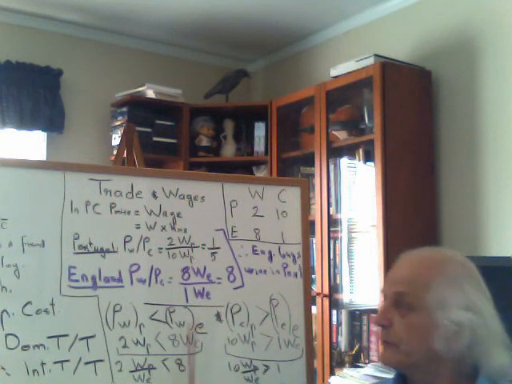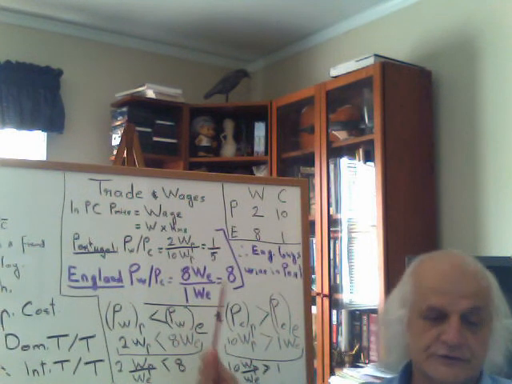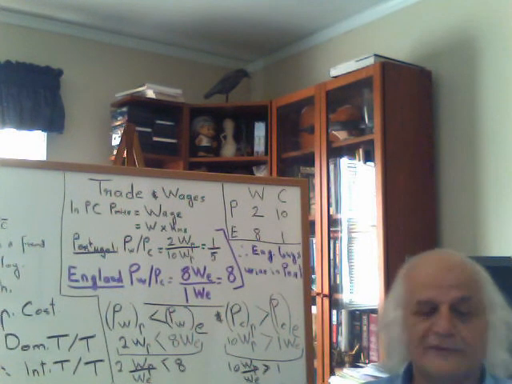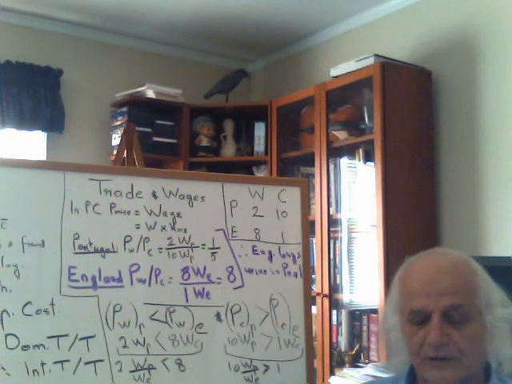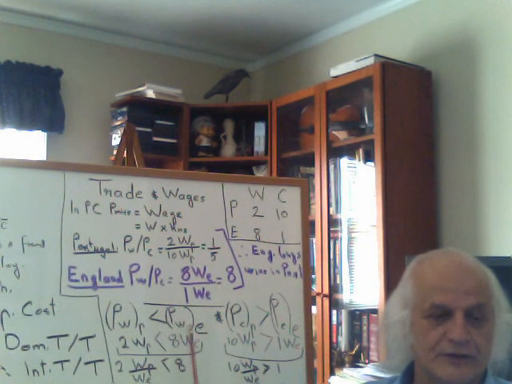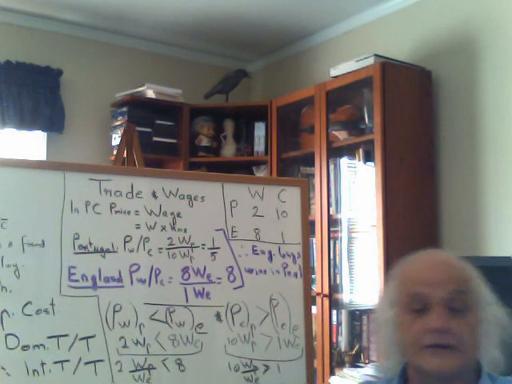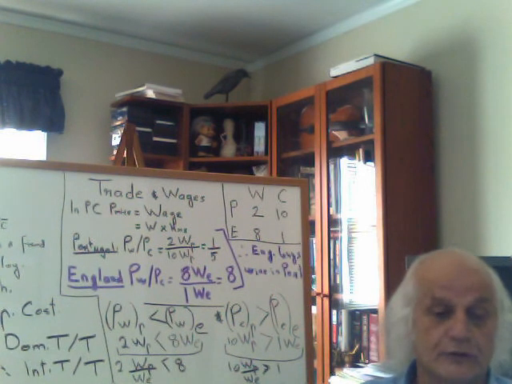And another thing, by the way, that I didn't include over here because it would only add a very simple complication, and there is no need for it. That would have been the exchange rate. That's to say, we could have used one form of currency for England and another form of currency for Portugal.